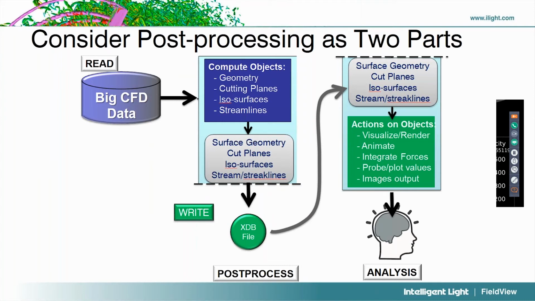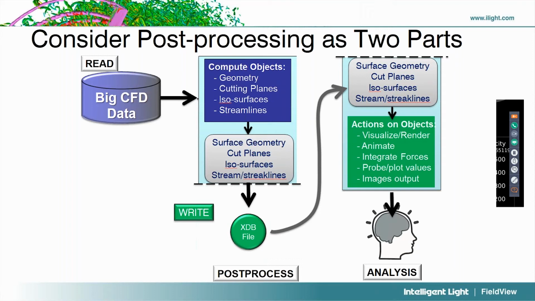We call this format XDB, for extract database. Because we get rid of the 3D file of the big mesh and only keep the cut planes, the streamlines, the boundary surfaces you're interested in, you're still able to do your post-processing on these objects, but you have something that is many times smaller, and it makes everything faster as you work with it after that.